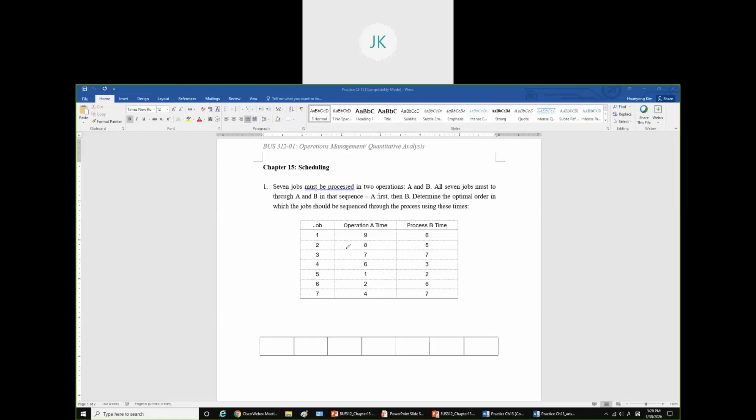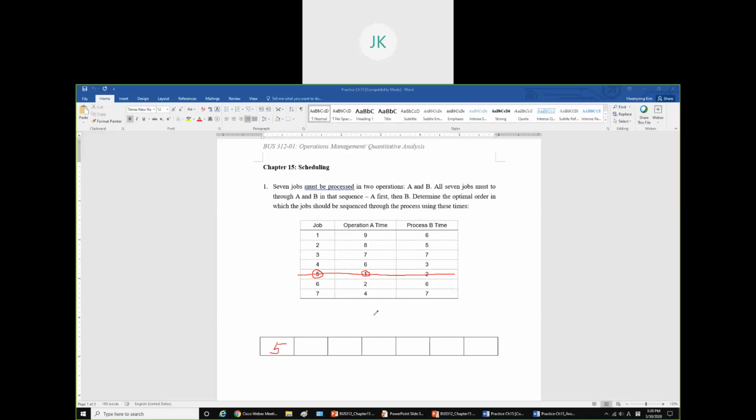Among process or operation times, this one is the smallest. So job 5 goes first, because this operation time is for the first machine. Job 5, then cross out.